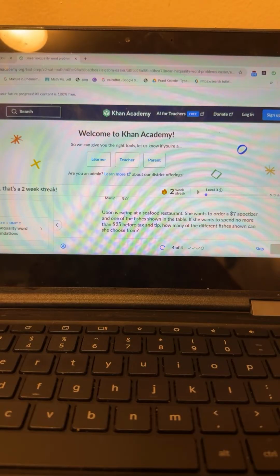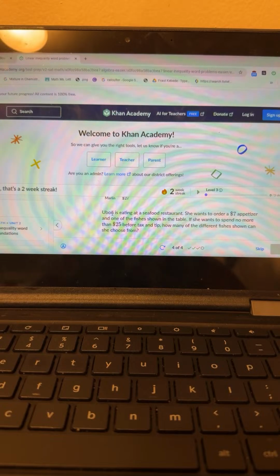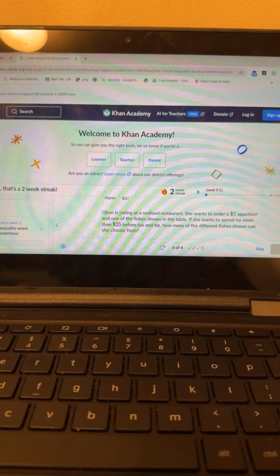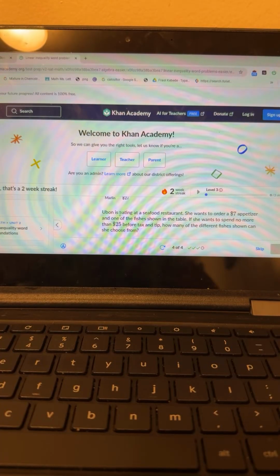Alright, let's go. Umar is eating at a seafood restaurant. She wants to order 7 appetizers and one of the fish shown in the table.